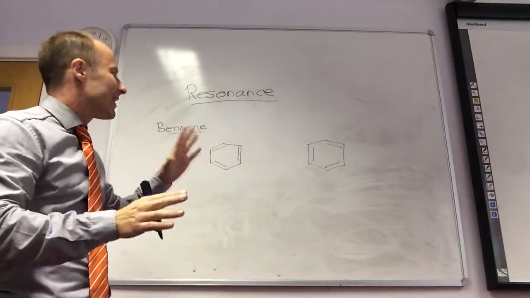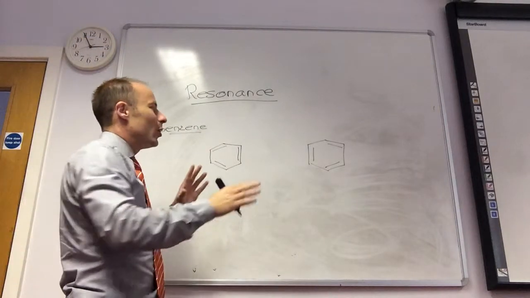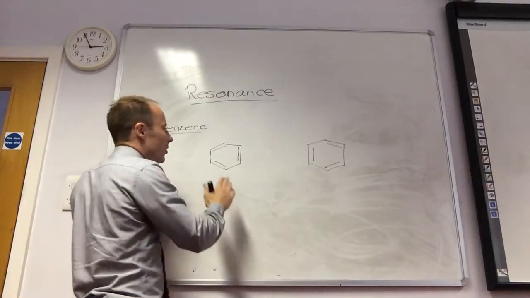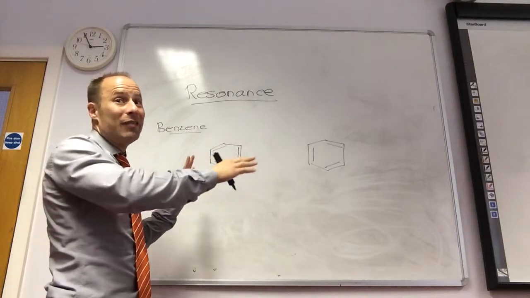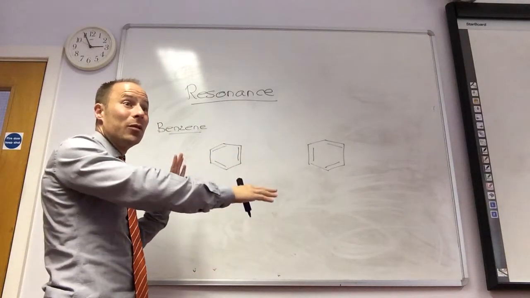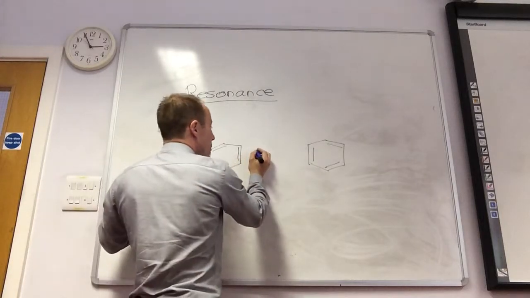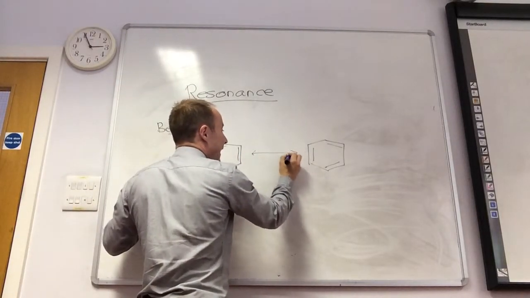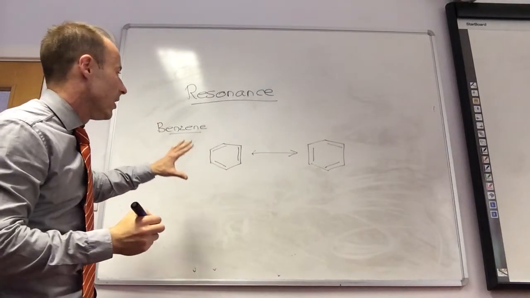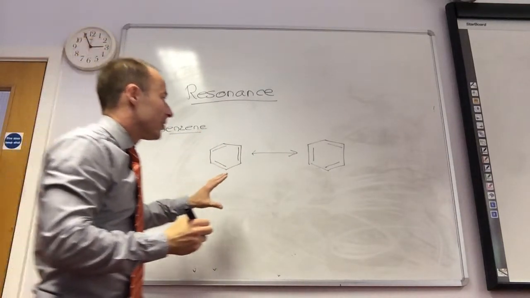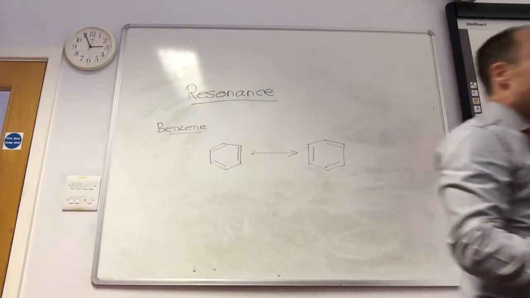These are just representations of it. These are alternate structures of what benzene can look like. Neither of these exist. The reality is a mixture of the two. And to show that, I put a double-headed arrow like that to show that these are resonance structures of benzene. So neither of them actually exist in reality.